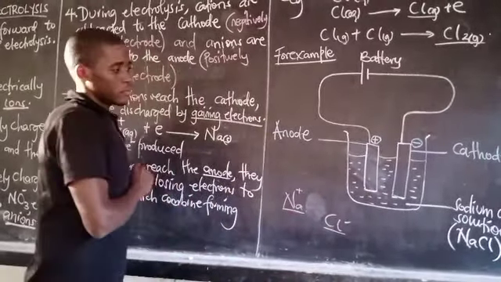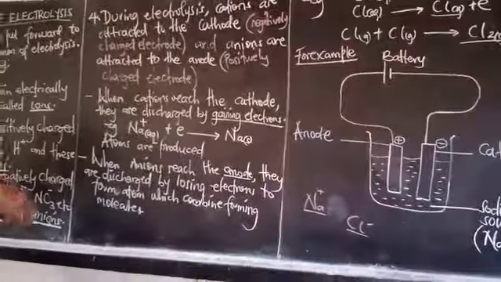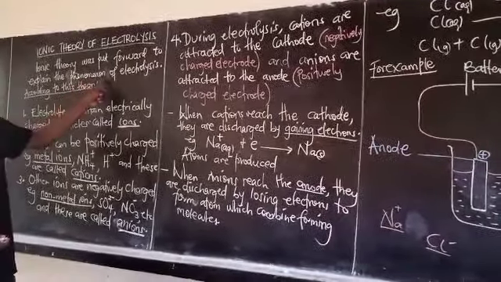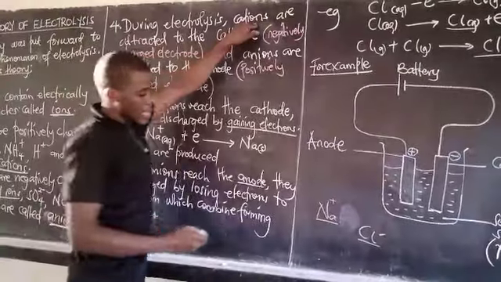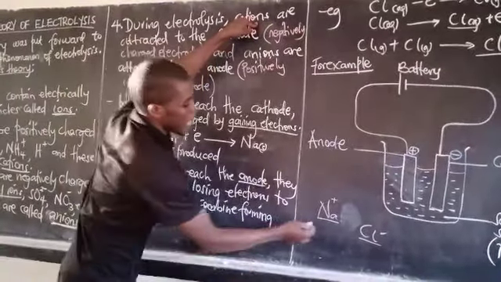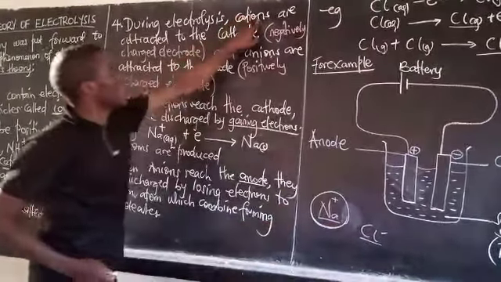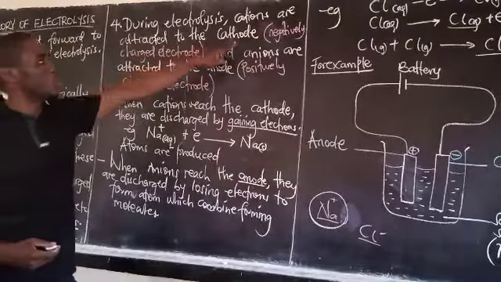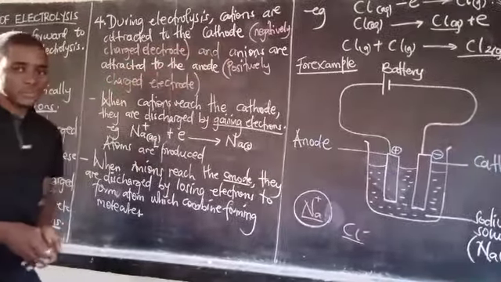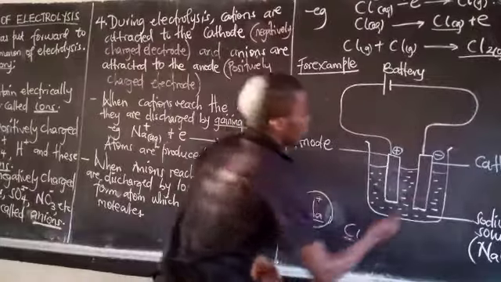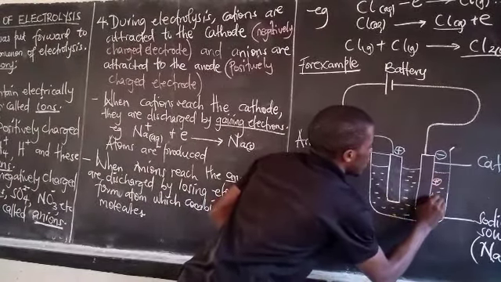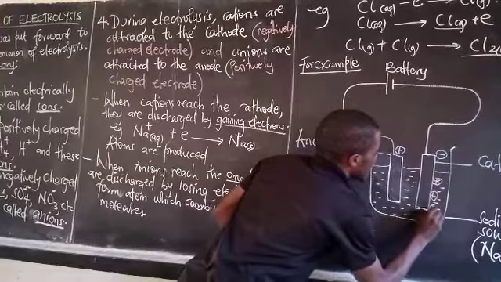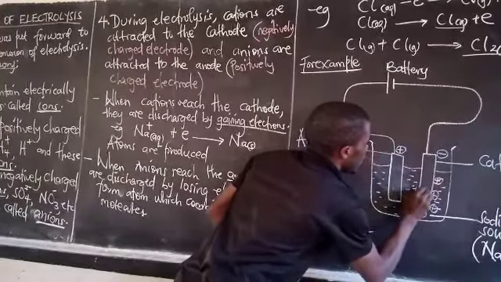What will happen? According to the ionic theory of electrolysis, the cation, the positively charged ion, sodium, will be attracted to the cathode. So we shall have sodium ions parading around there.